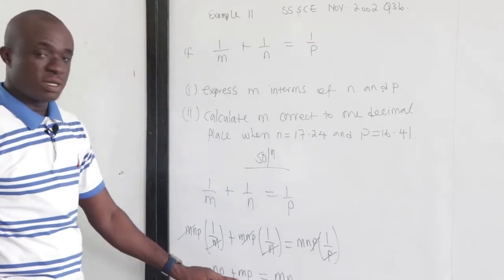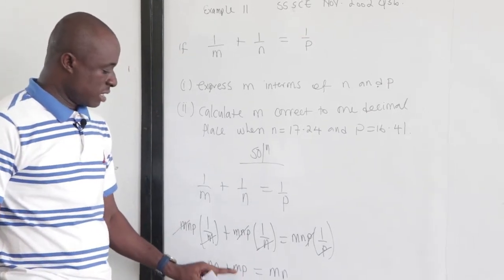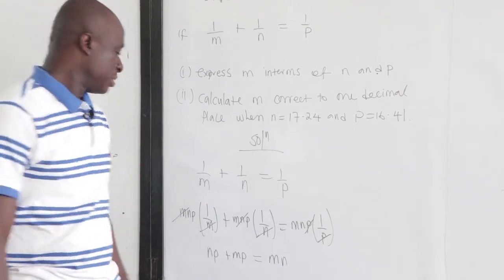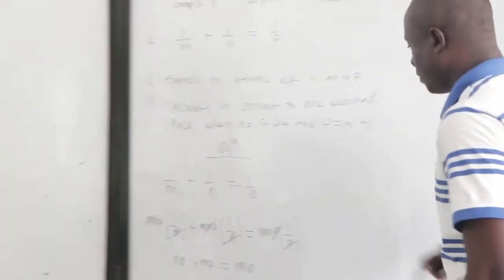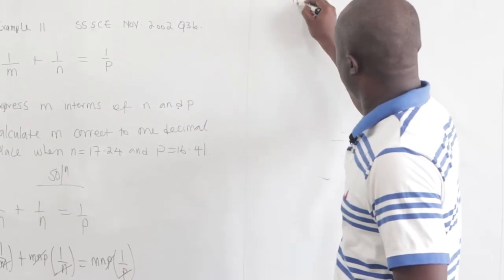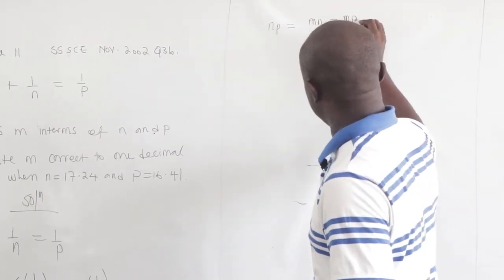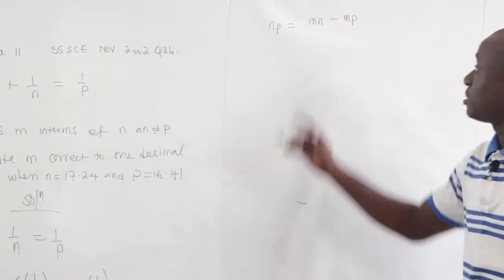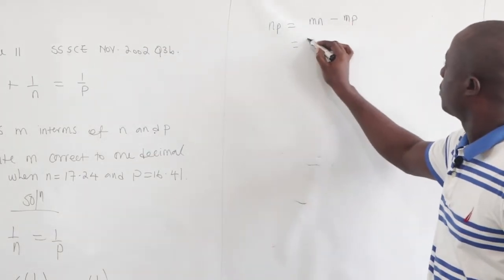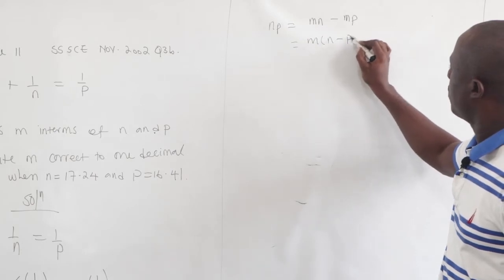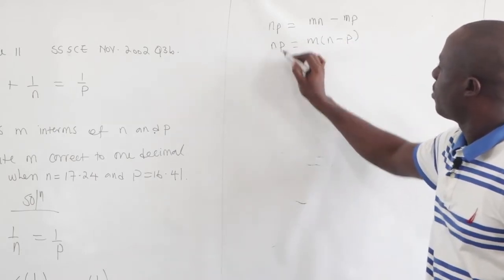We want to make m the subject. So let's take this mp to the other side. So clearly, what do you have? We have np equal to mn minus mp. We want to make m the subject. So what do we do? We factorize m out. m times n minus p. We have np.